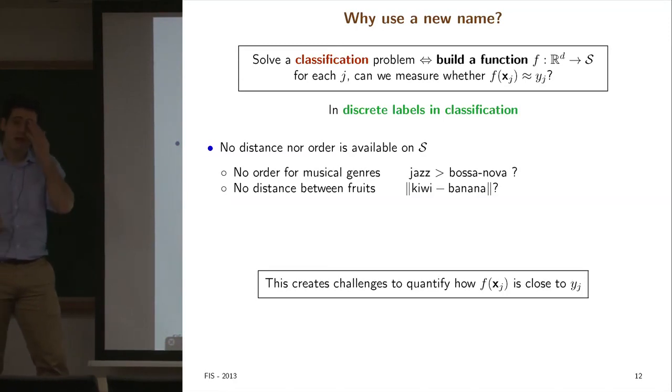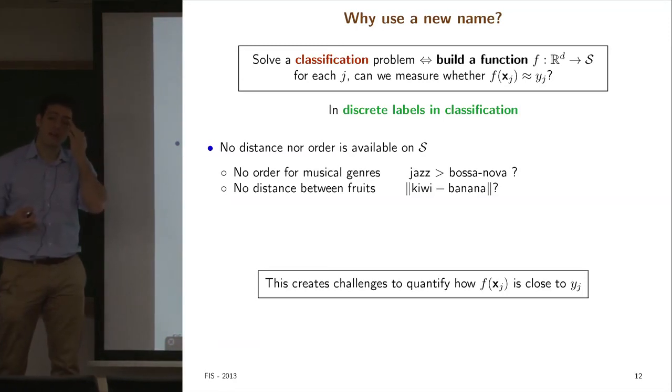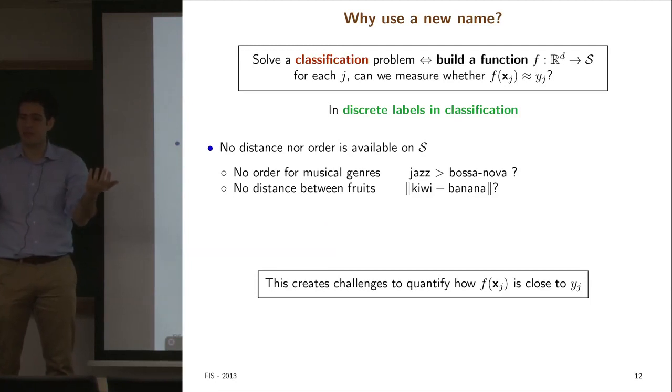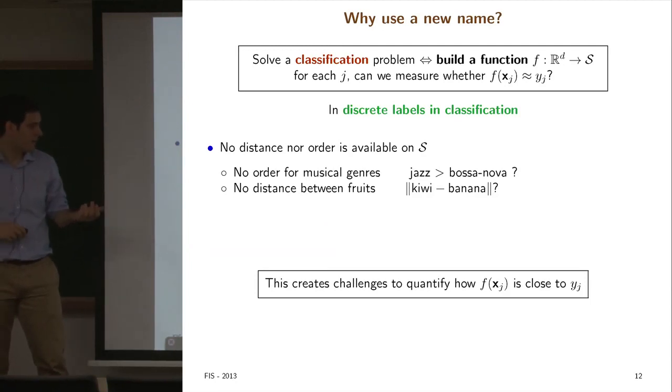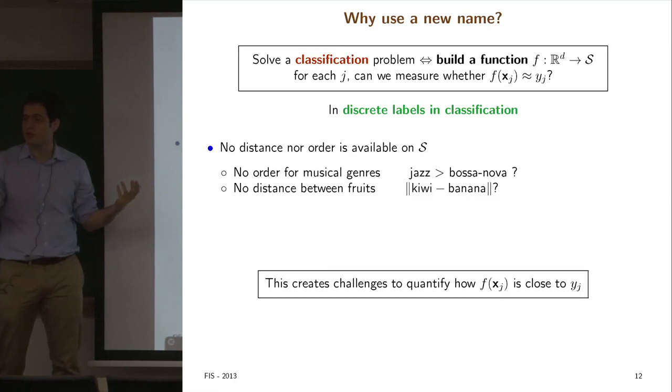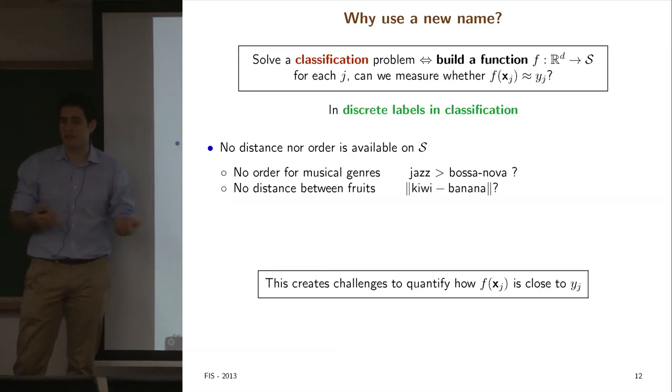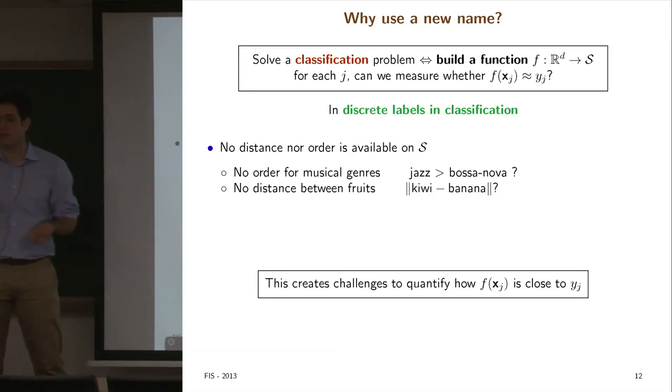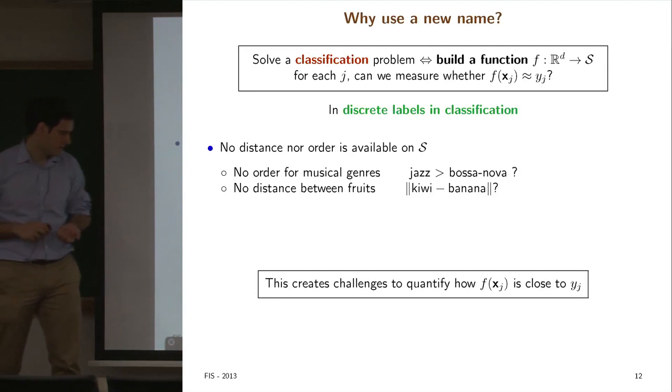If you have to classify pictures as being pictures of dogs or cats or mice, there's no order, there's no clear distance between these. If you have to classify musical tunes into genres, it's difficult to say that jazz is superior or less than bossa nova, and that kiwi is further away from banana than it is from an apple, etc.